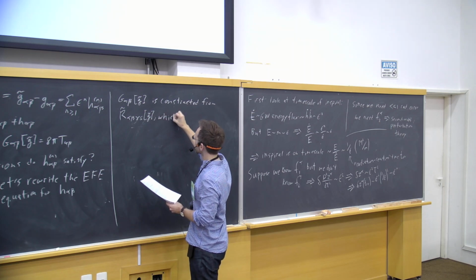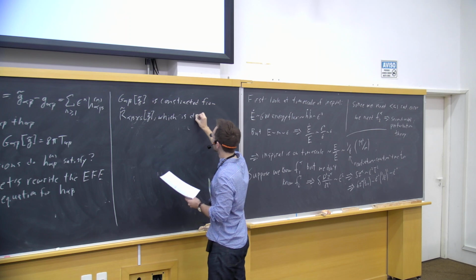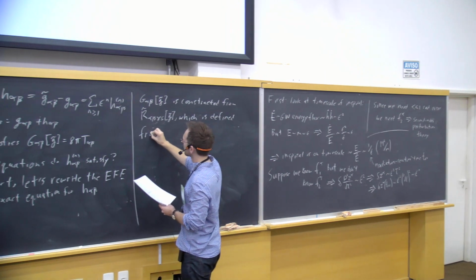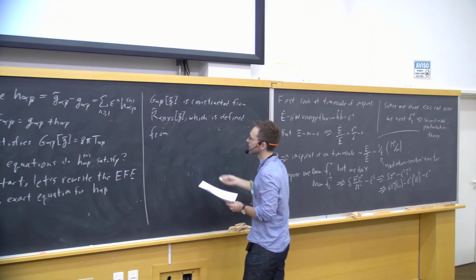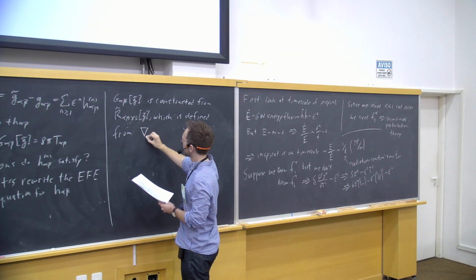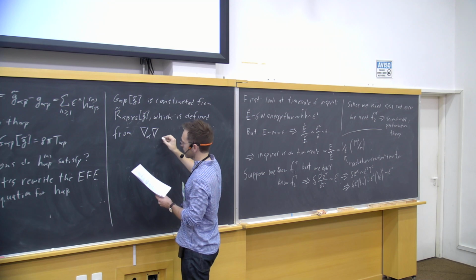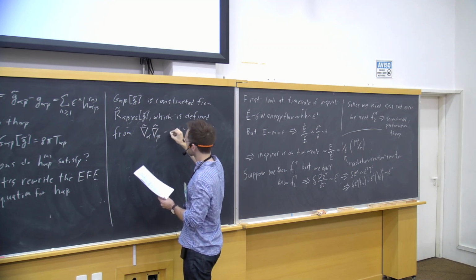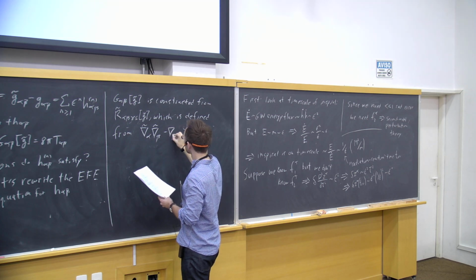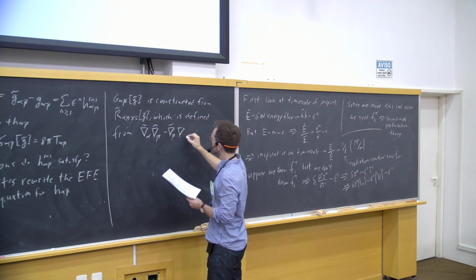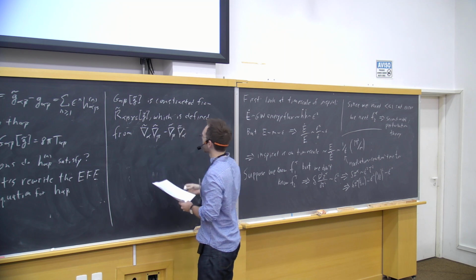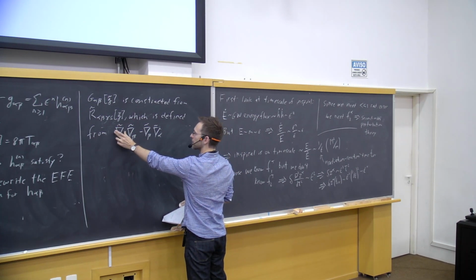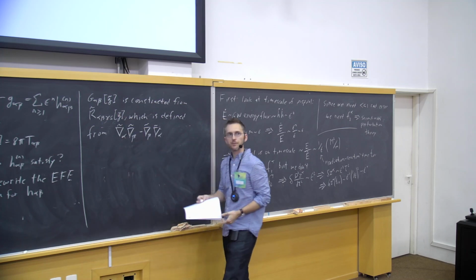And remember that the Riemann tensor is defined from the commutator of covariant derivatives. So again, the tilde will indicate that this covariant derivative is compatible with the exact metric G tilde.